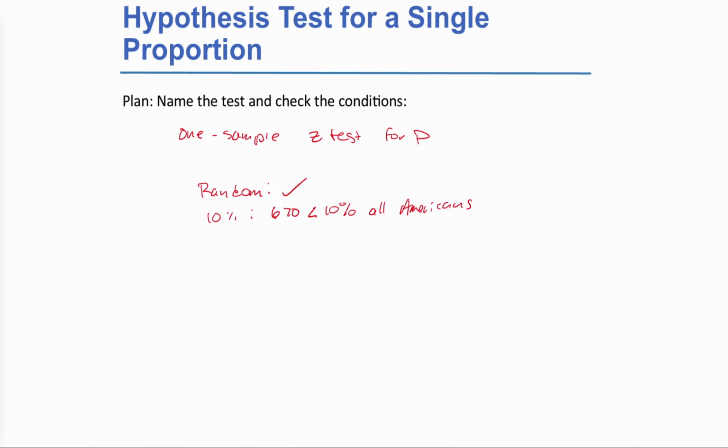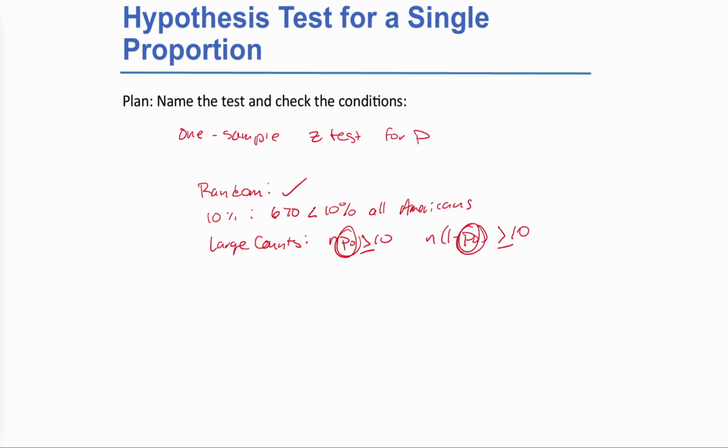And the large counts: n times p0 is at least 10, and n times 1 minus p0 is at least 10. So the important thing here is that we're using p0 instead of p-hat.